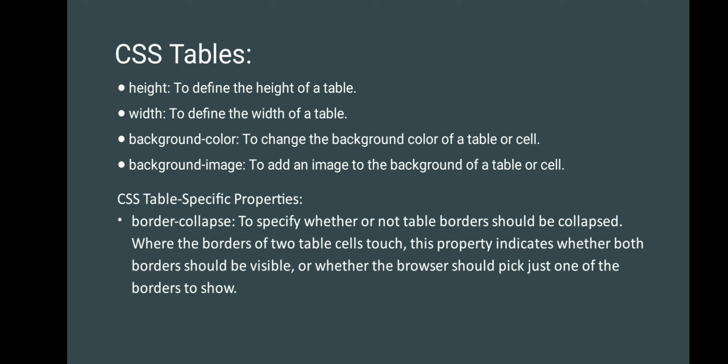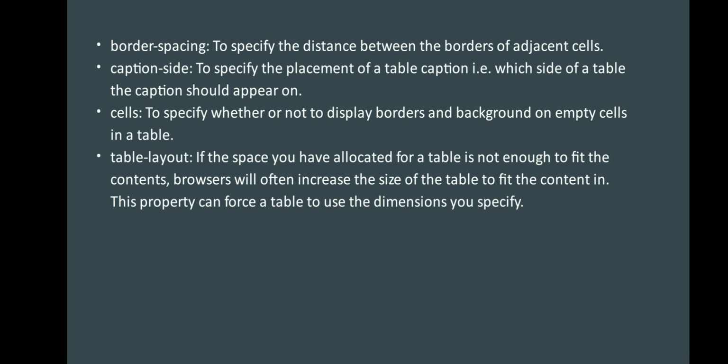If we select the value as collapse, the browser picks only one border of the cells and the other border will be hidden. For example, we have two cells and both cells have borders. When I say the value as collapse, instead of showing two borders, it shows only one border. The browser picks one border, either of the first cell or the second cell, and displays it. Only one border is shown.